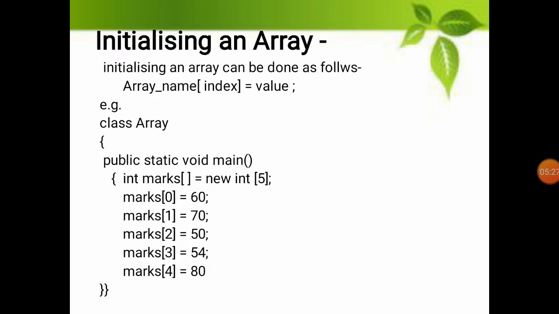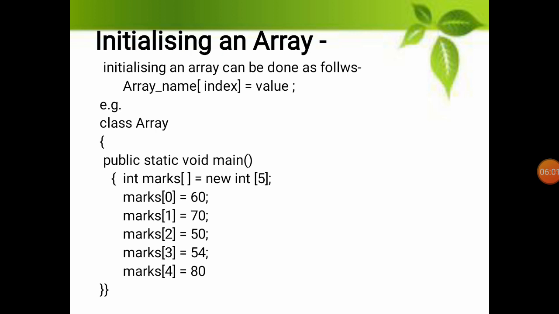Now, initialization of array. Initialization of an array can be done with the given syntax. First we write the array name, then the index number, and then equals the array value. For example, I have taken a class Array, and within this the public static void main method is declared.